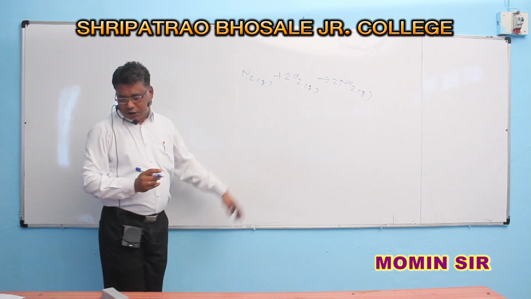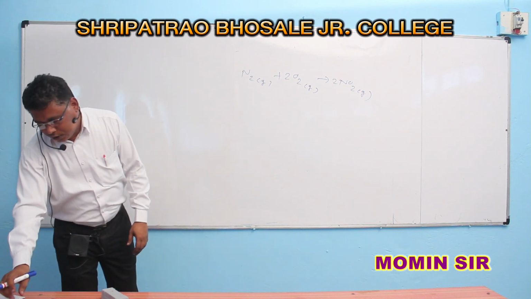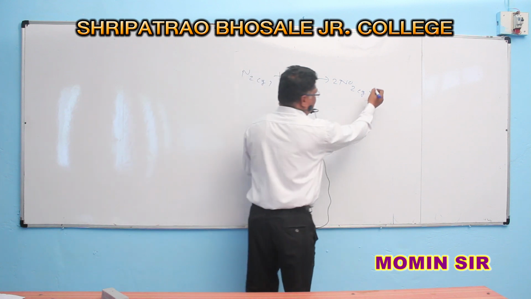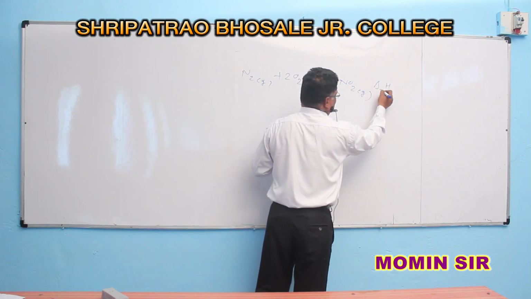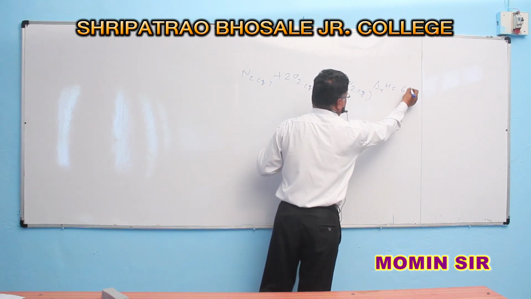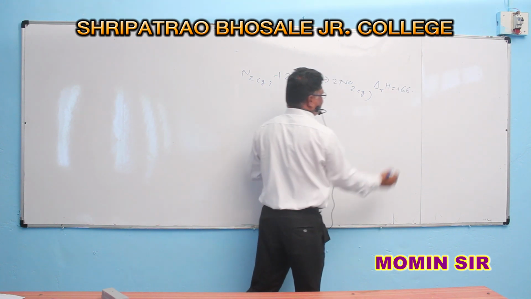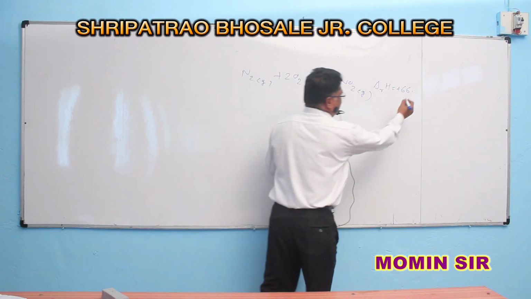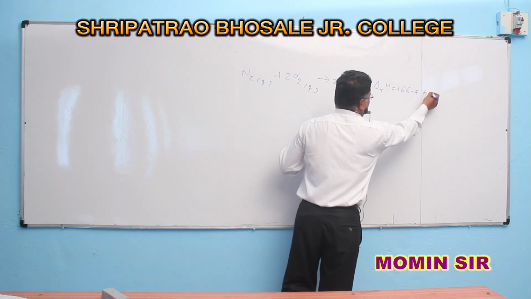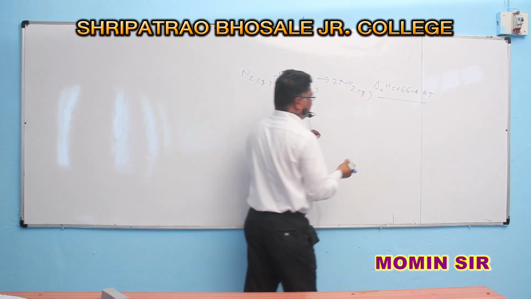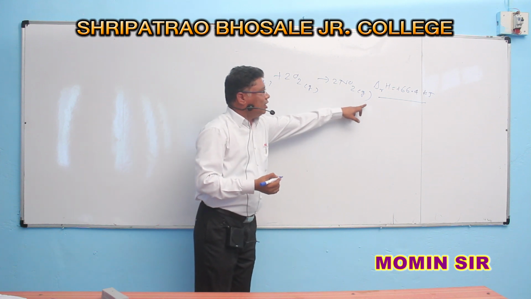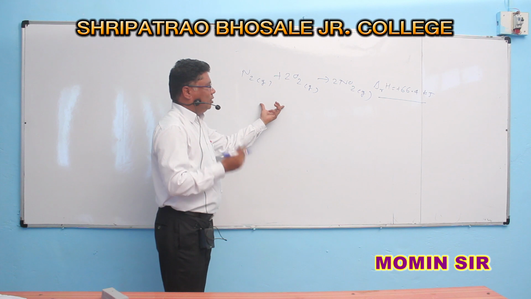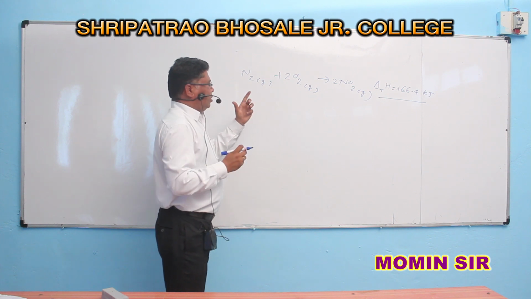Now, this reaction is an example of an endothermic reaction because the enthalpy change for this reaction is 66.4 kilojoule. What does this value indicate? This value indicates that this reaction is endothermic.